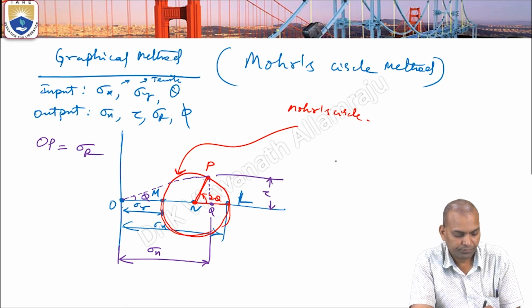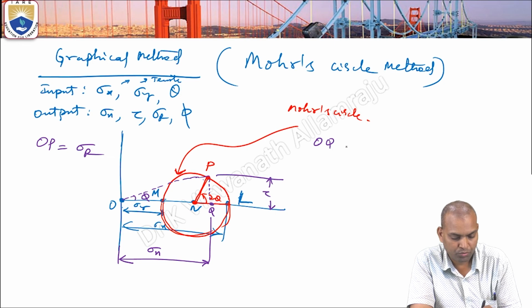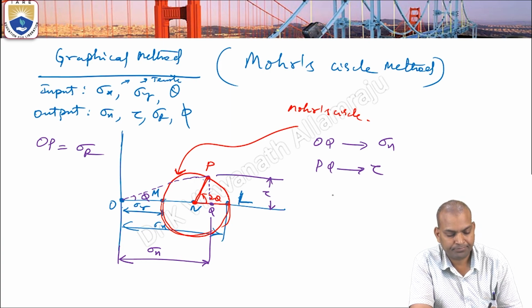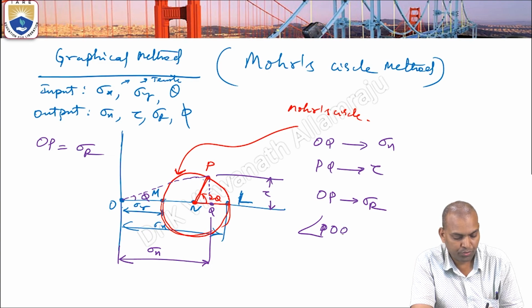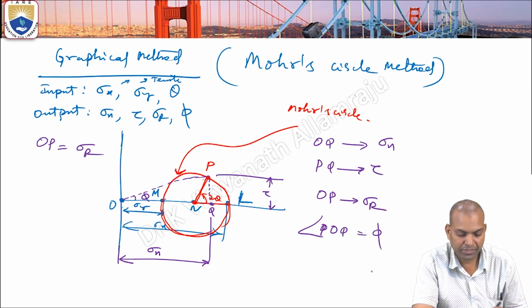So OQ gives the value of sigma n, PQ gives tau, OP gives sigma r, and the angle POQ gives the angle of obliquity.